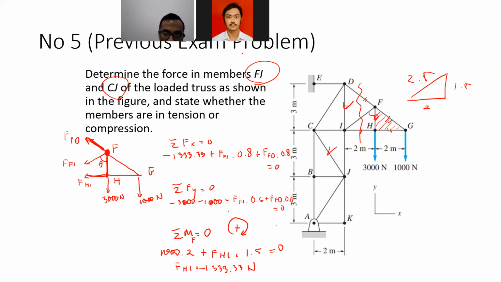We can solve for FFI by substituting FFD with only FFI variables. So from one of the equations, solve for FFD. FFD here is equal to 1,000 minus 0.8 FFI, divided by 0.8.